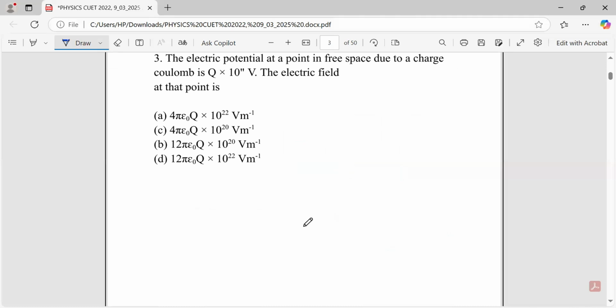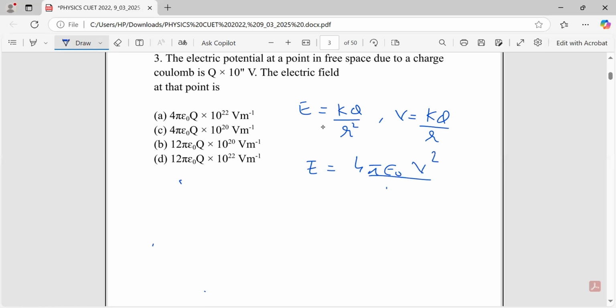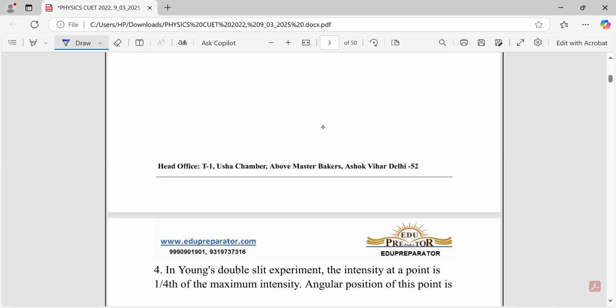Now again, electric field E is equal to KQ by R square and potential is KQ by R. So if we relate these two, we get electric field is equal to 4 pi epsilon naught into V square divided by Q. So if we simplify this, we'll be getting the answer 4 pi epsilon naught Q into 10 is power 22. Right? So let's move to question number 4.